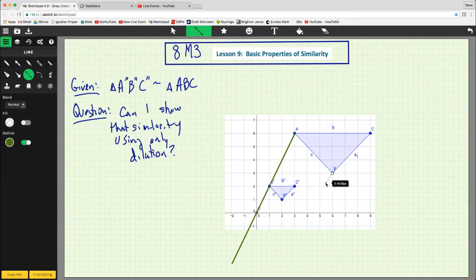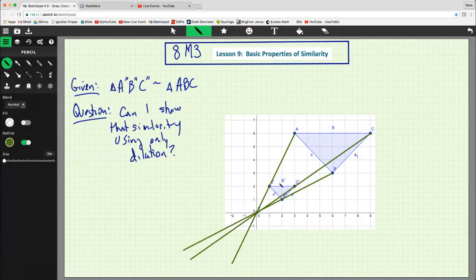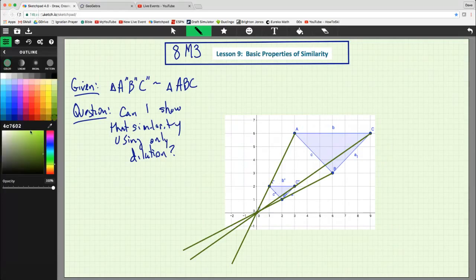I'll take B through point B. And I'll take C back through C. And notice, in this case, I will be able to just dilate this guy up, right? I'm just going to take each point dilated about the origin and go here, go another one, and go another one.